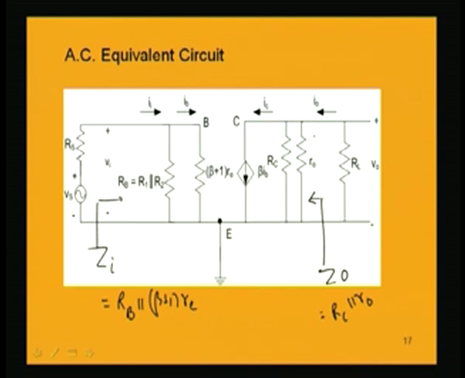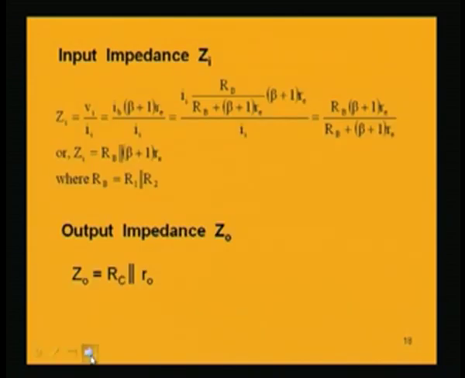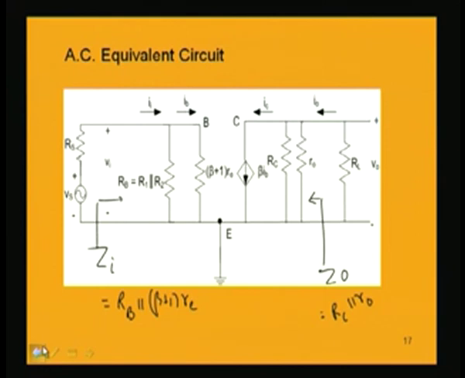Now, if I want to find these in the traditional way, using expressions of voltage and current, we will finally get the same result. If I find Zi equal to Vi by Ii, what is Vi? Vi is Ib into beta plus 1 RE divided by Ii. What is Ib?